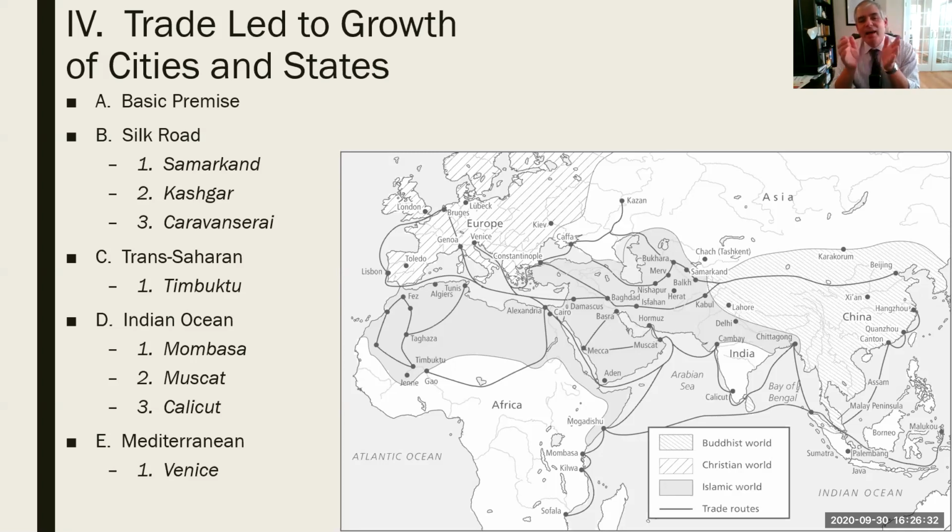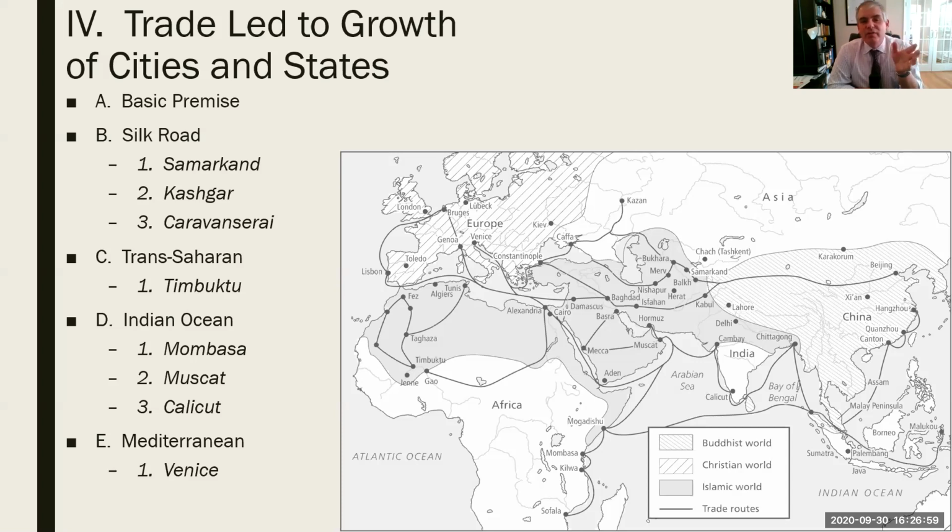So we get that concept where cities grow because trade intersects. And then we get the state growth. I'm not going to go back through the state growth because we talked about it so much already. But basically, because the states tax the trade going through their borders, the states can increase their revenue and grow as a result. The Srivijaya and the Mali Empire are two primary examples that I would point to.